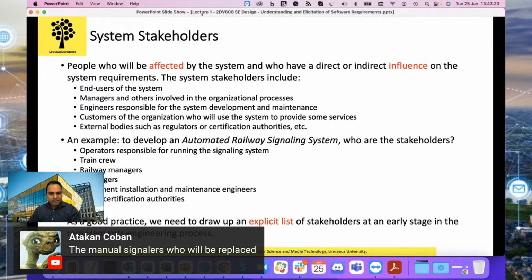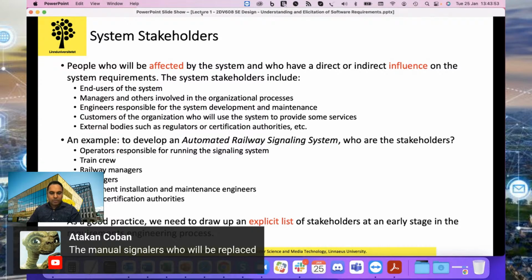So a good practice is that you need to draw up an explicit list of stakeholders. And this will be part of your assignment. As you can see, I'm signaling those things that are part of your assignment so that you clearly know what you need to do and put more attention on those.